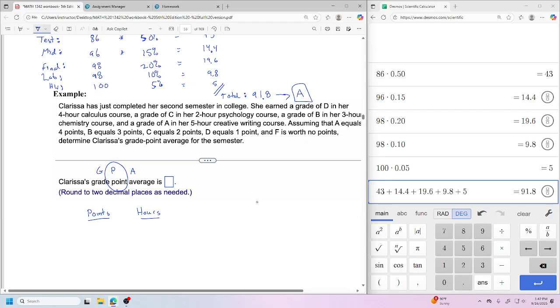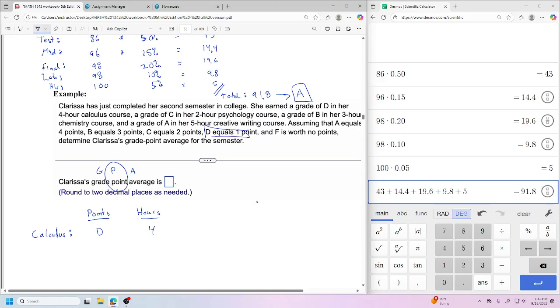So she earned a D in her 4-hour calculus class. Pause. Basically, we're going to do calculus as calculus. Can't even spell that. And we have a D here, and it said 4 hours. But I can't just put a D. What would I put instead of D, point-wise?